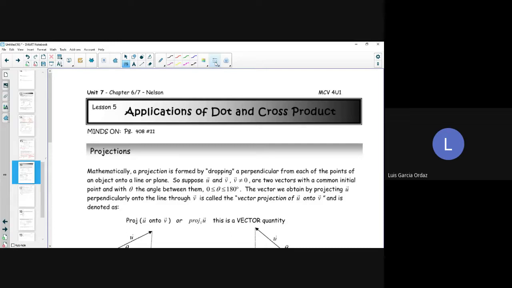The vector we obtain by projecting u perpendicularly onto the line through v is called the vector projection of u onto v, denoted projection of u onto v, and this is considered a vector quantity.